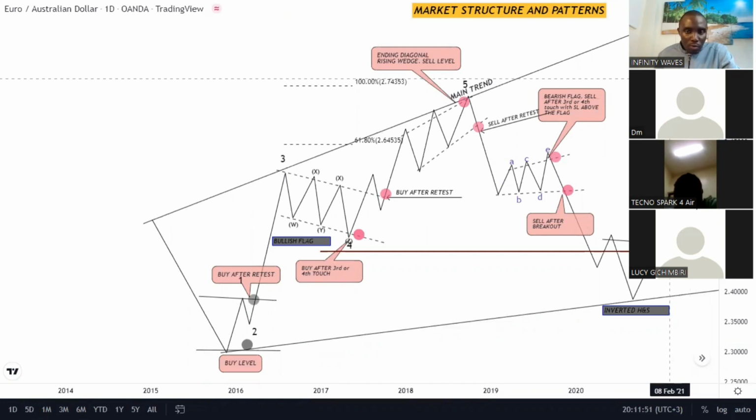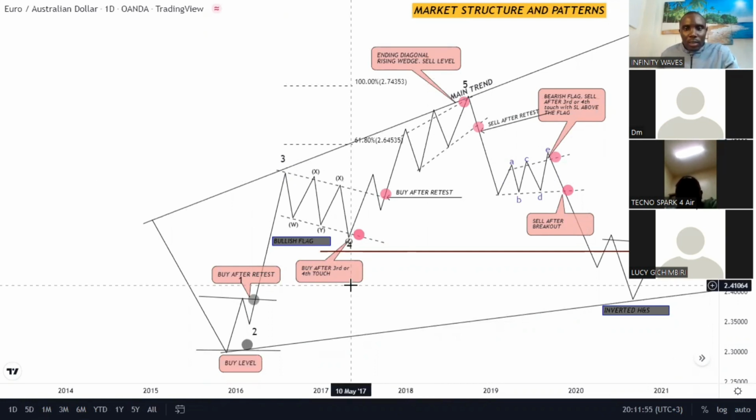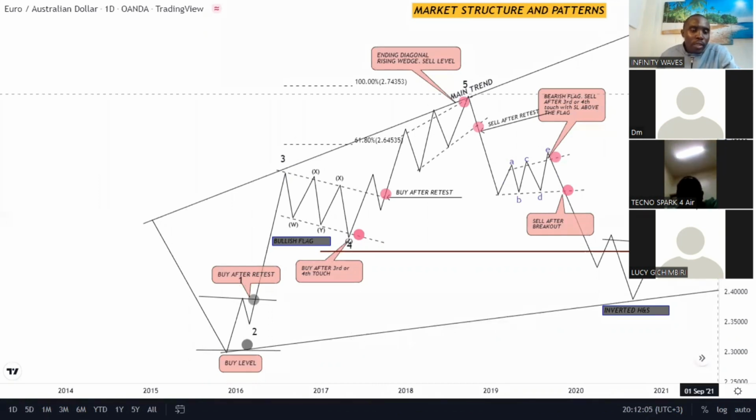So we just have to understand that it's not just trading. You must understand the market dynamics before you execute a particular trade on your chart. So you must understand what this market is telling you, and then you react to it.